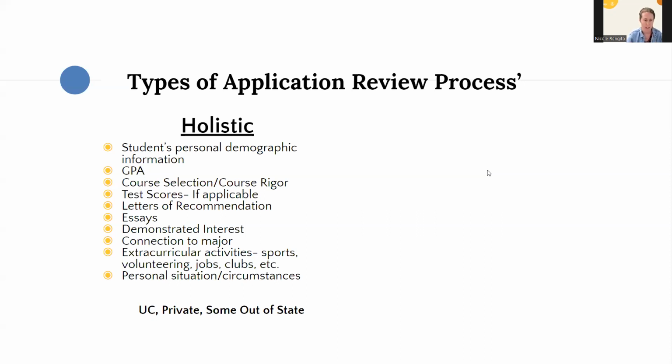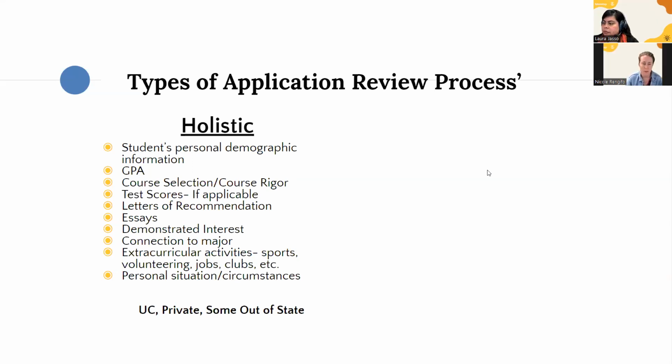So your personal information, your demographic information, right? They'll look at your grades, your GPA, your course selection, so your transcript information, maybe test scores if the colleges require it. And then they also use letters of recommendation, essays. This is where they can see who you are, more of your personality, how you interact with others on campus.